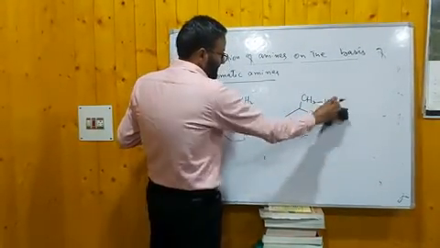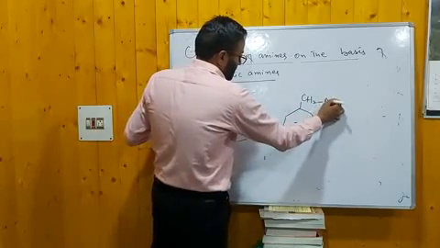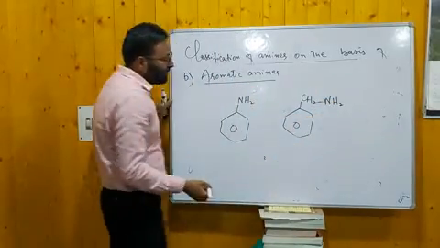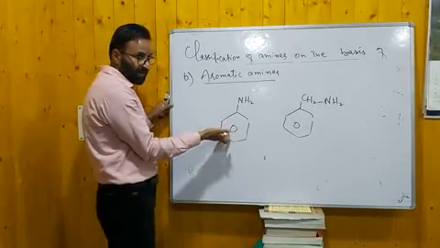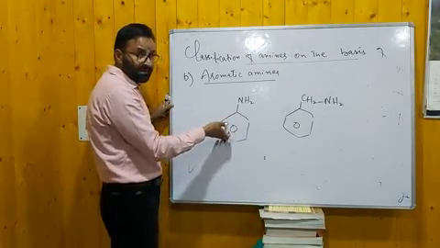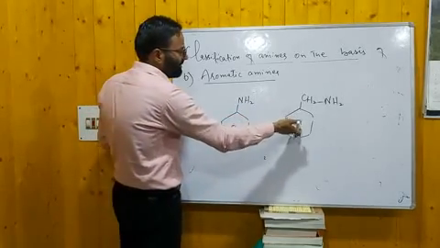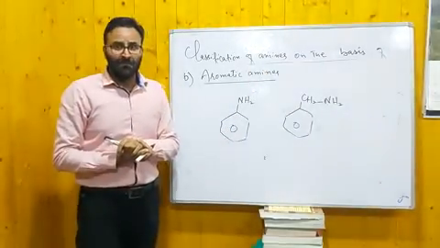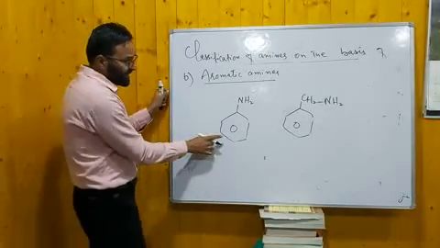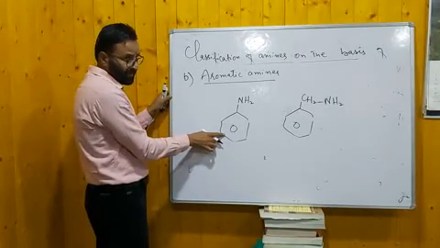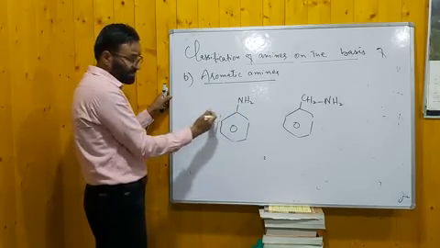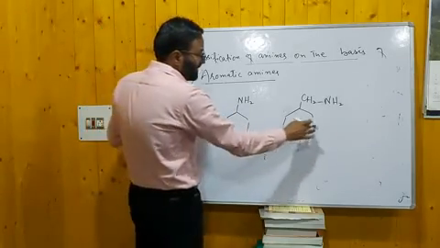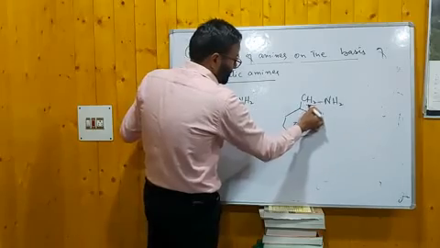If you replace this H by NH2, looking at these 2 compounds, you will say, sir, it is an aromatic amine because the benzene ring is there. It is also an aromatic amine because the benzene ring is there. Now it is clear that in this type of aromatic amine, the amino group is directly attached to the benzene ring. It forms one class, and here the amino group is attached to the side chain.